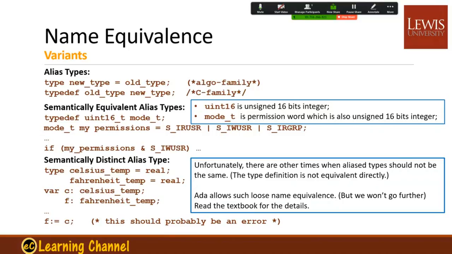And they can also be semantically distinct alias types. So Celsius temperature, that's real. Fahrenheit, that's also real. But we actually have two different types for Celsius and Fahrenheit, though both of these can use the real data type to replace them.